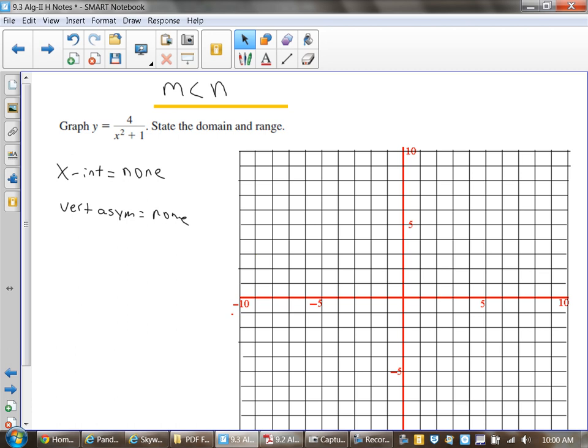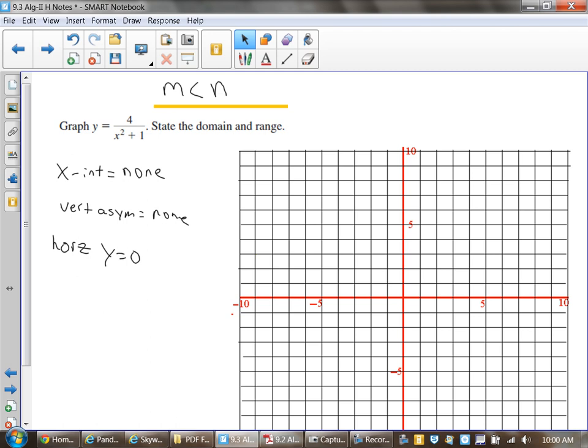In this one, what's my horizontal asymptote, or do I have one? The horizontal asymptote is going to be at y equals 0. I know that again because the degree of the numerator is smaller than the degree of the denominator. They have those 3 rules you have to go back and look at.